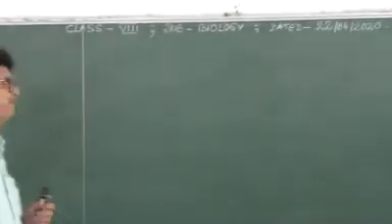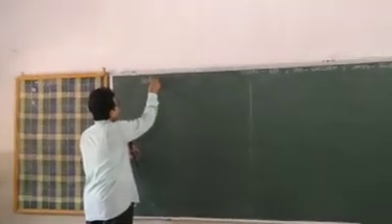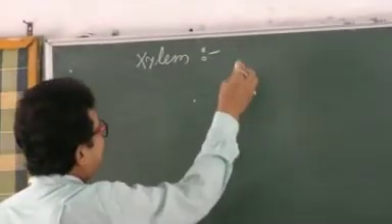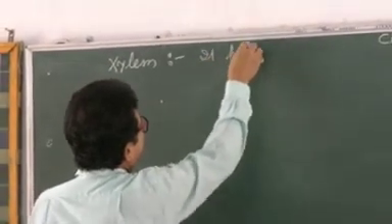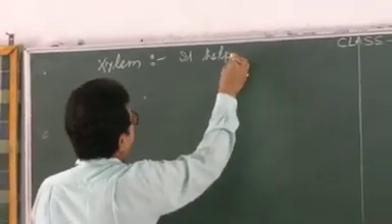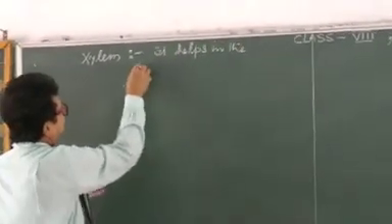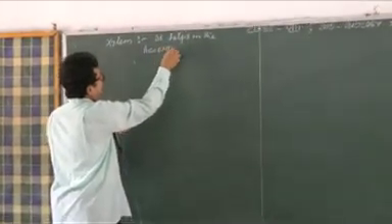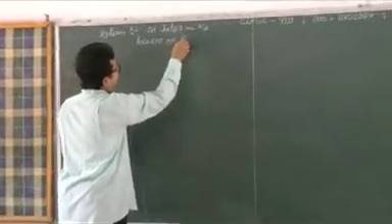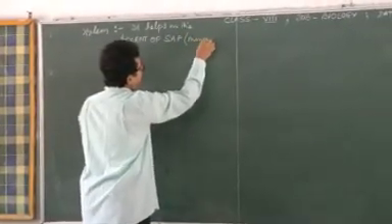Function of xylem. Xylem has two functions. Number one, it helps in the ascent of sap. Sap is actually mineral water.